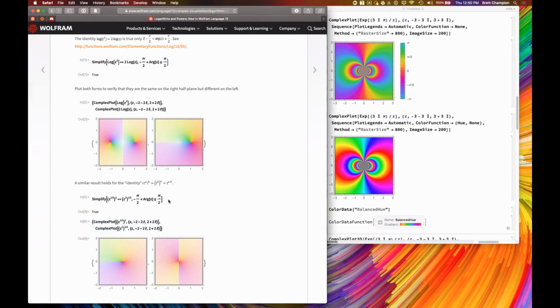They're equal for the right half of the complex plane, but you run into a branch cut on the left half for one of them, and in both cases, for negative imaginary components, you run into differences.